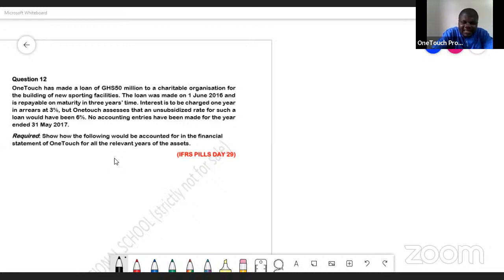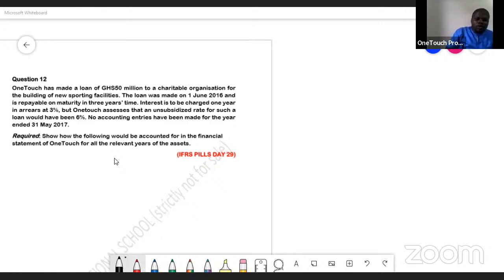But one side assesses that an unsubsidized rate for such a loan would have been 6%. So they are giving them 50% cost. No accounting entries have been made for the year ended 31st May 2017. So we will look at the whole 3 years. Show how the following should be accounted for by one side. All right, so let's look at it.